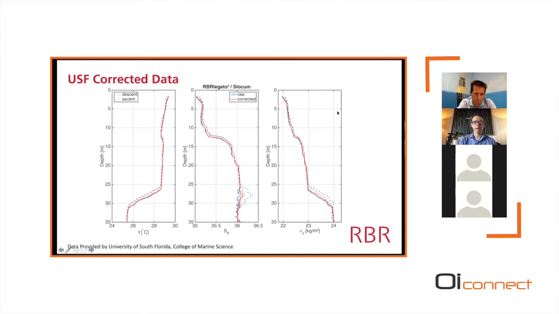There was a lag in the temperature and in the thermal mass there, and that was corrected using our free MATLAB RSK tools, so that just in post-processing it was able to correct some of those spikes from the raw, which is the blue in the center, to the red, which is the corrected one. So that was very good data that we got from the University of South Florida.